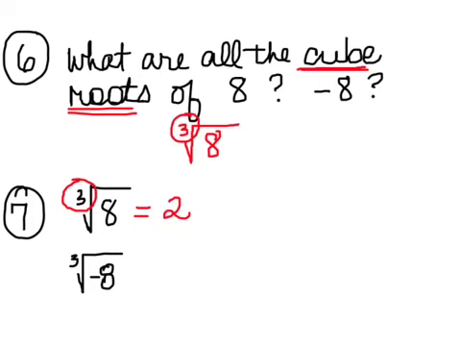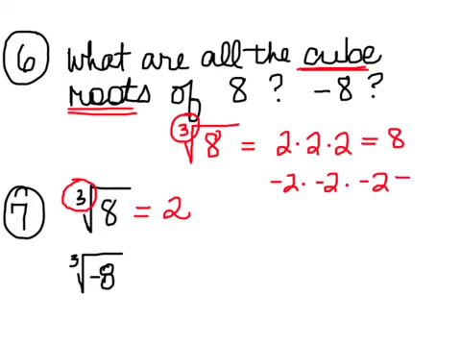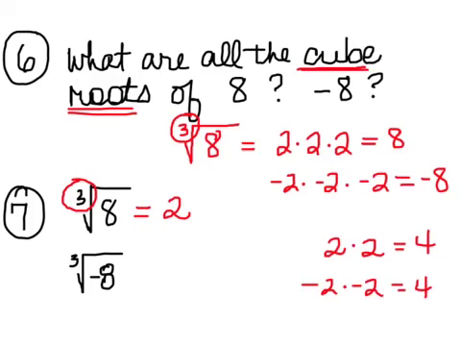The reason is because if you think about 2 times 2 times 2 versus negative 2 times negative 2 times negative 2. Well, 2 times 2 times 2 is 8, and 3 negatives actually keep it negative, and so it's negative 8. Whereas when we did evens, you got a positive 4 this way, and you could also get a positive 4 this way.